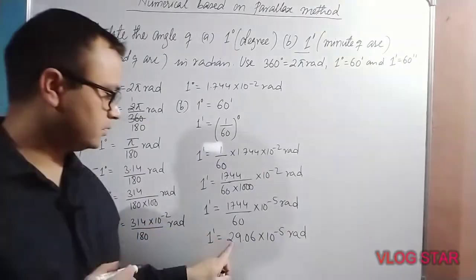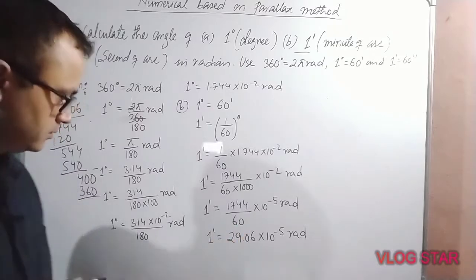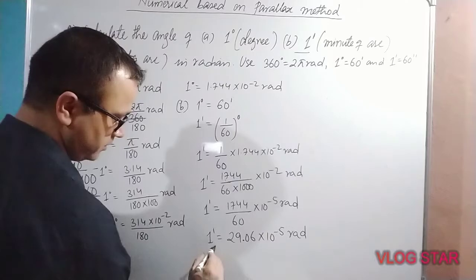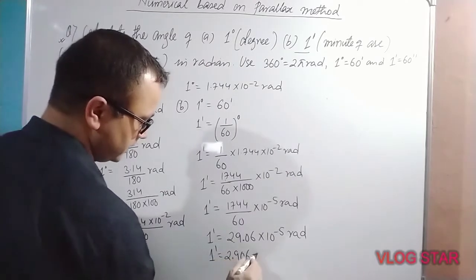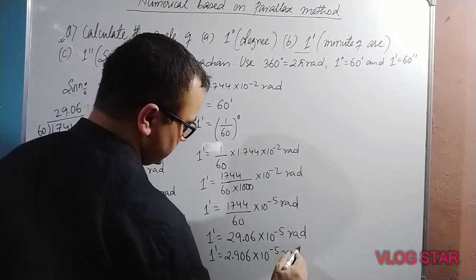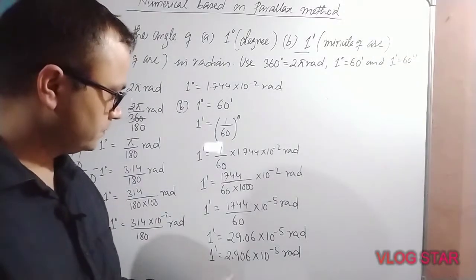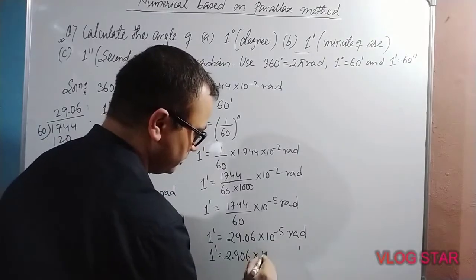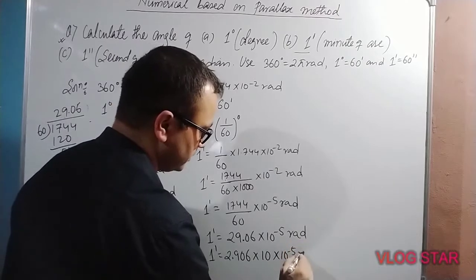Now take out a 10 from this number. So 1 minute equals 2.906 into 10 to the power minus 5 radian.